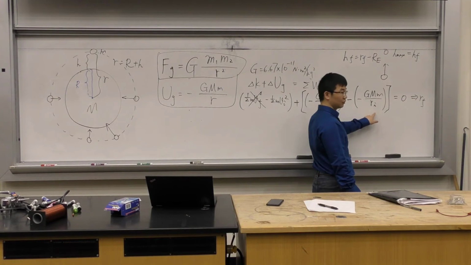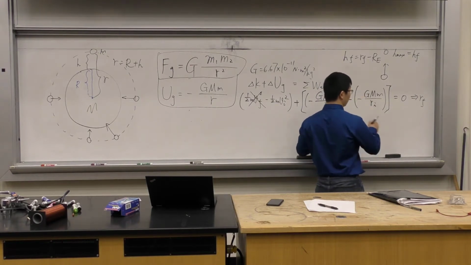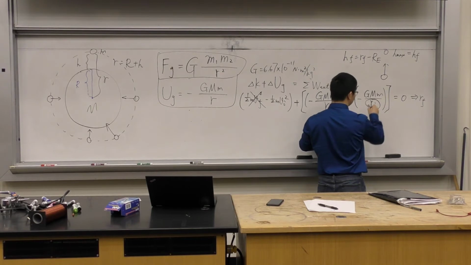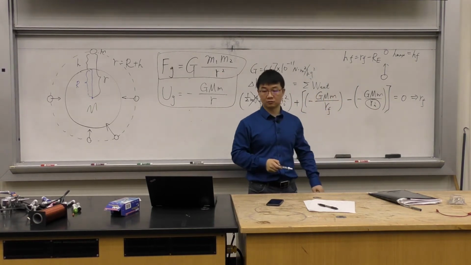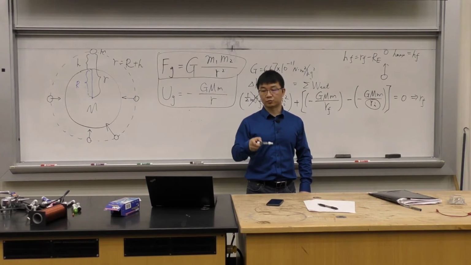First of all, you don't have an initial height here. Secondly, which one is 0? If you assume this is 0, then this term becomes infinity. Doesn't make any sense, right? So you're not talking about height here, you're talking about distance from the center. What is the initial distance from the center of the Earth to the projectile?